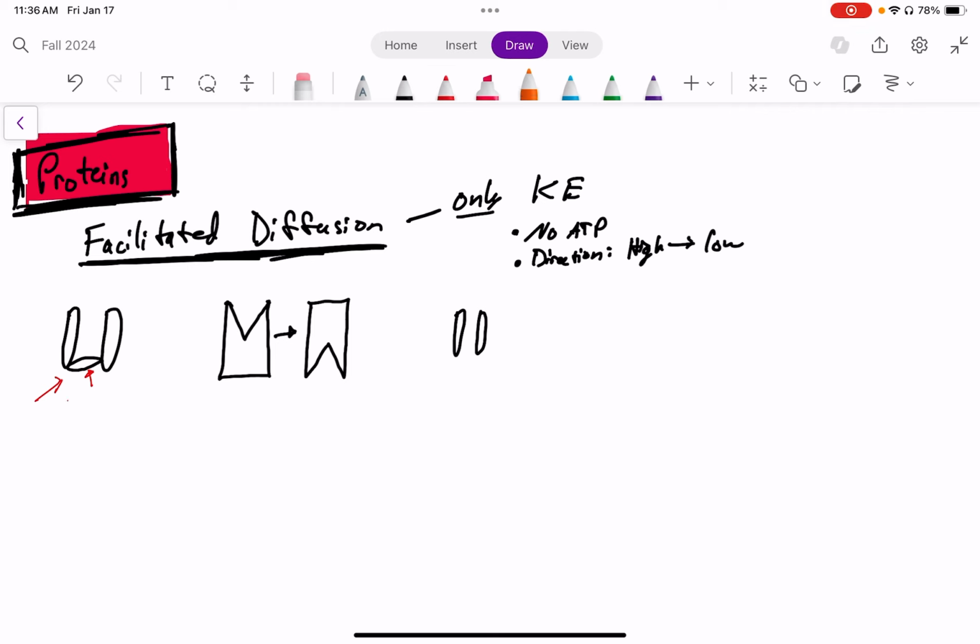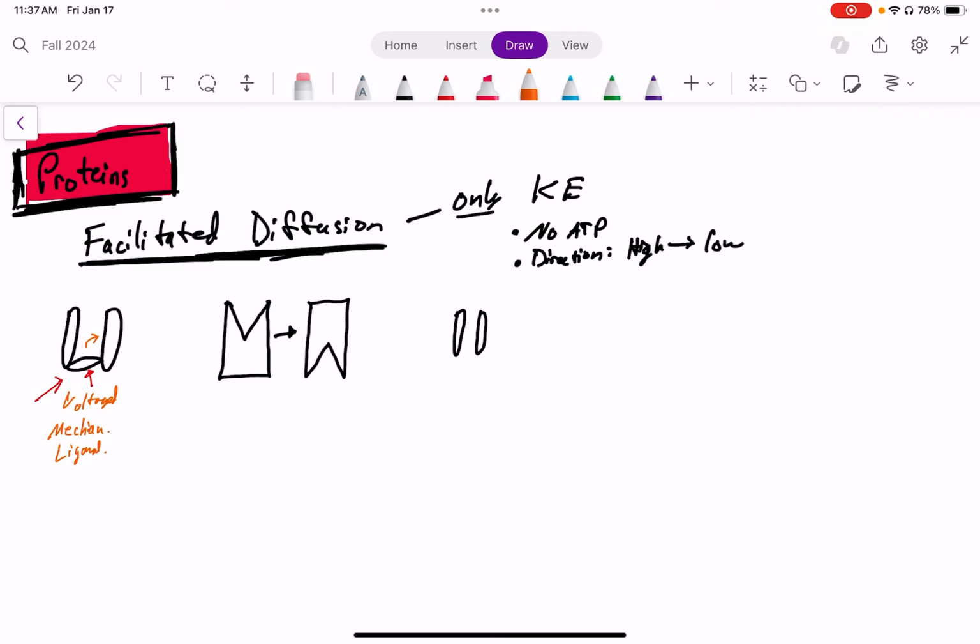There's voltage gated channels, mechanically gated channels, and ligand gated channels, etc. These are the main ones. So when there's a change in voltage, then the gate will open, or when there's a mechanical change, the gate will open. If there's a ligand that attaches, the gate will open, etc.